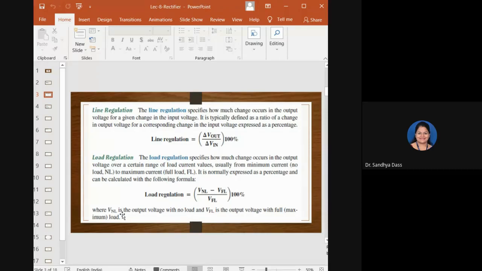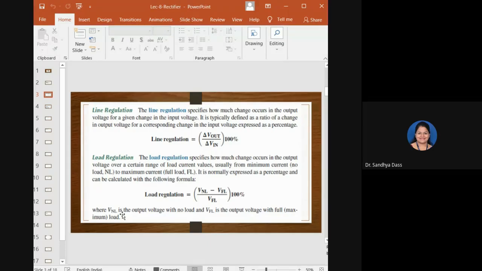In load regulation, we specify how much is the variation in the output voltage for variation in the load current, isn't it? So if the load current is varying between, say, minimum value to maximum value, where minimum load current indicates no load at all, and the maximum load current indicates full load.